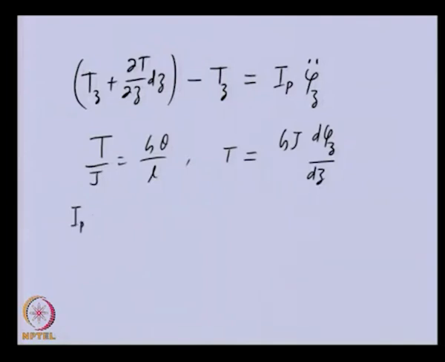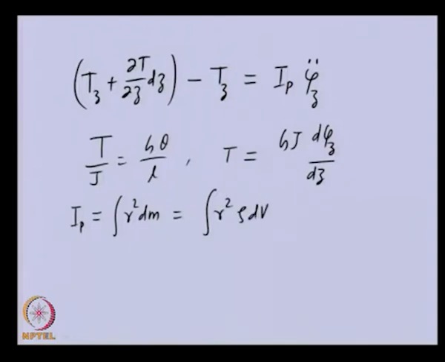IP, which is the mass polar moment of inertia, is given as r square dm. dm is the mass of the shaft segment. So, we can write this as r square rho dV.